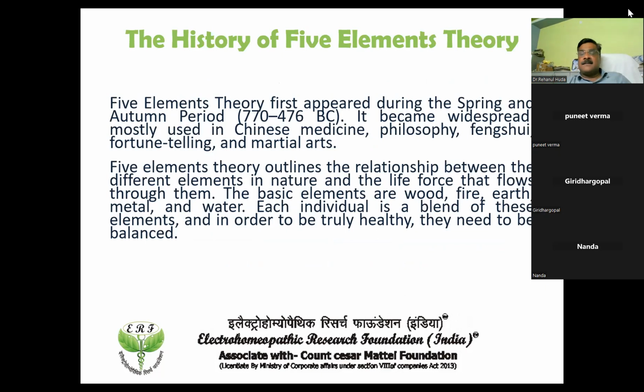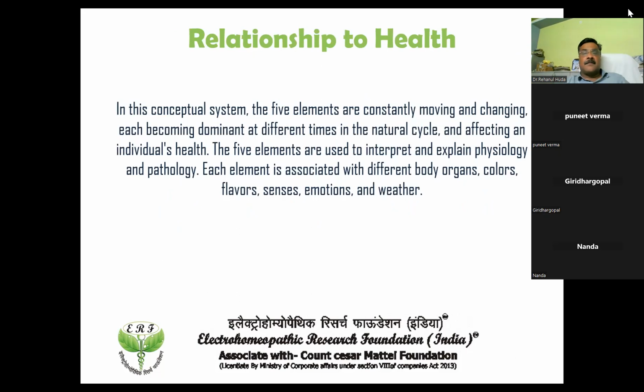So already yesterday I explained that this is a very old theory, mentioned in our religious books. This five element concept is mentioned.